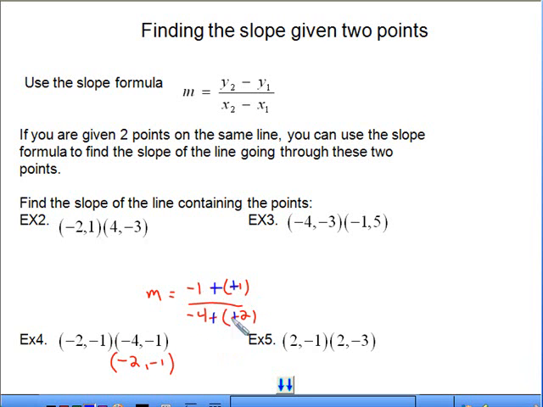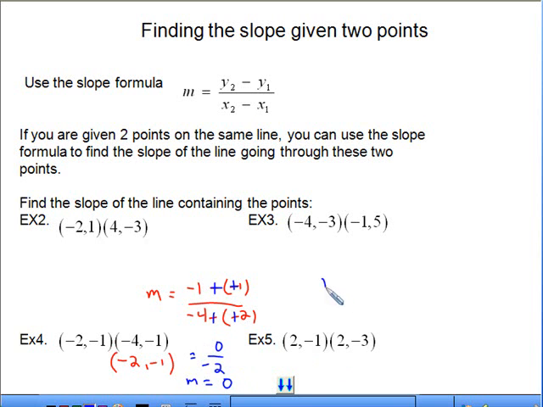So negative 1 plus 1 gives us 0 at the top, and negative 2 at the bottom. So 0 divided by negative 2, so m equals 0. This is 0 slope. We have 0 at the top and any number at the bottom other than 0. This is 0 slope.